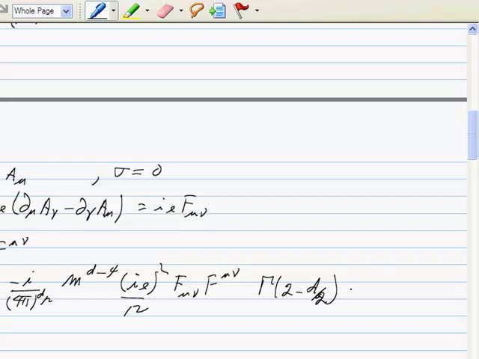This is pi of 0 f mu nu. This is the vacuum polarization function that we had there, calculated dimensionally.